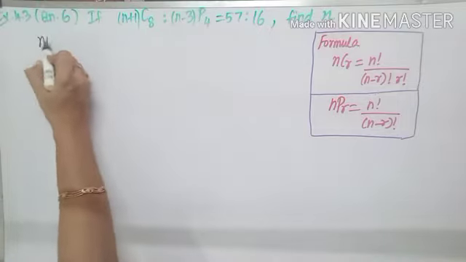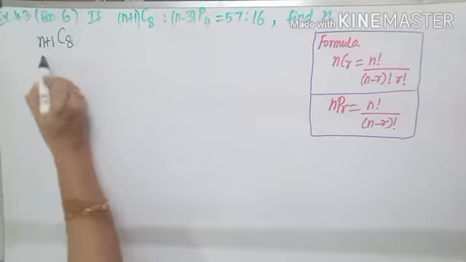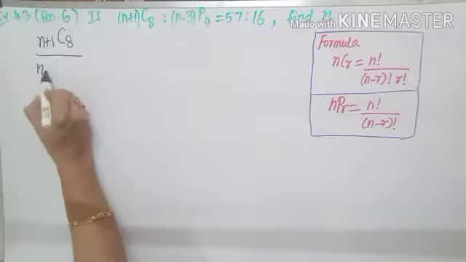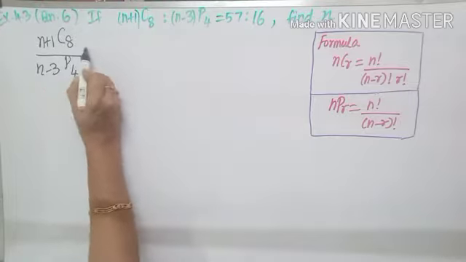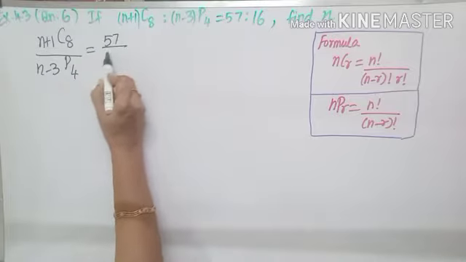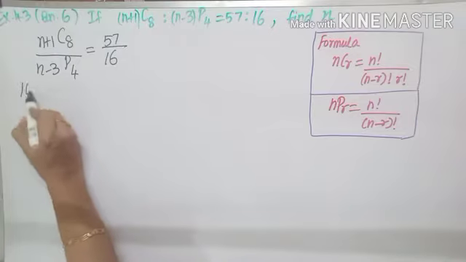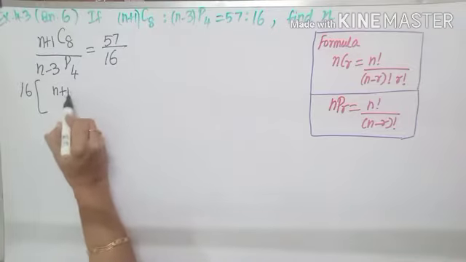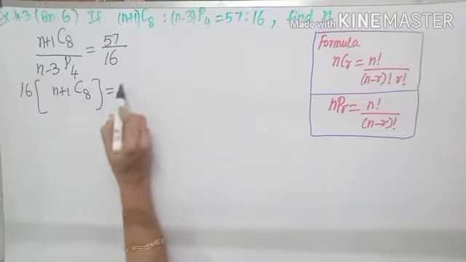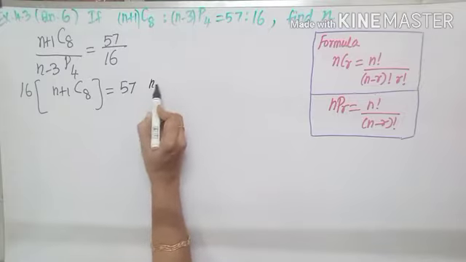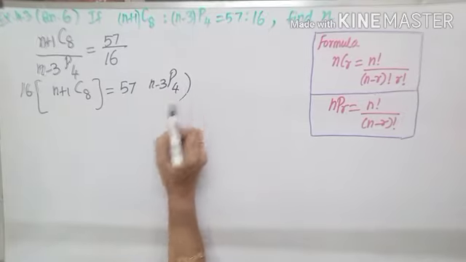So it is (n plus 1)C8 by (n minus 3)P4 equals 57 by 16. Cross multiplying, 16 into (n plus 1)C8 equals 57 into (n minus 3)P4.